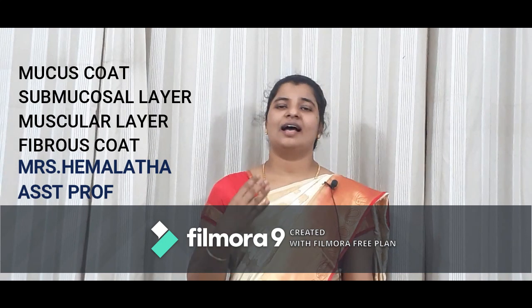The third layer is the muscular layer, consisting of inner circular and outer longitudinal muscles. The fourth layer is the fibrous coat, which is also highly vascular. So these are all the layers of the vaginal wall.